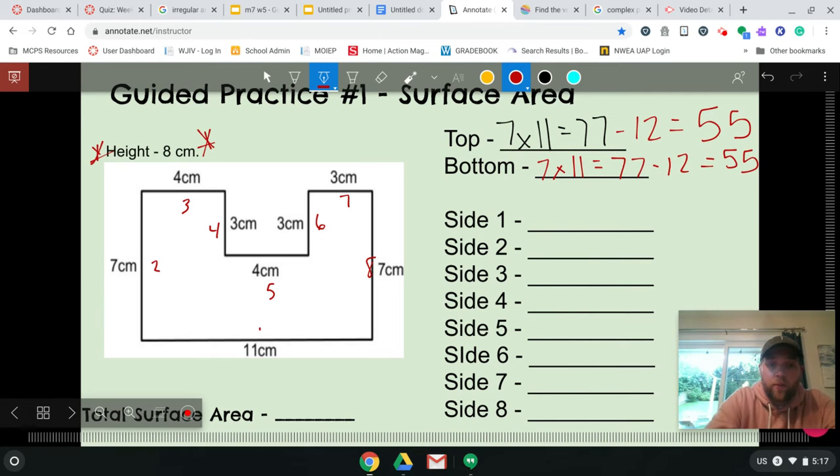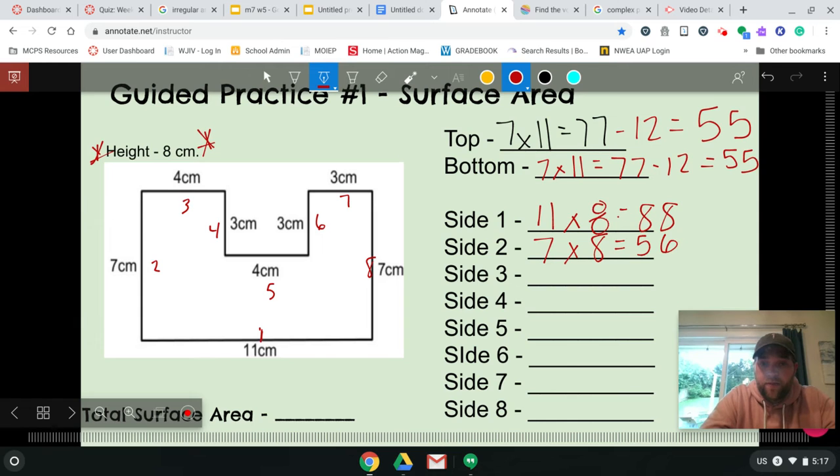So side 1, which is right here, I see that it's 11 centimeters. So I'm going to do 11 times our height, which is 8. That's 88. Side 2 over here, that's 7 times 8. That's 56. Side 3 is 4 times our height, which is 8, giving us a total of 32.